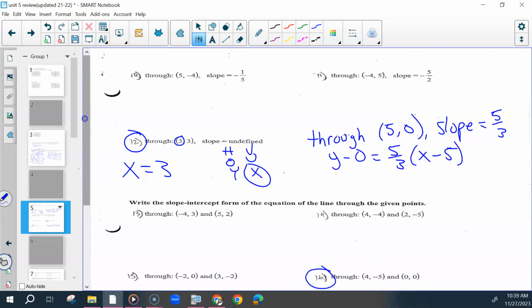Because I wanted to show you that sometimes you'll get fraction y-intercepts as we did before. So I changed our point. So here we would distribute and get negative 25 thirds. So sometimes this is the case, that you get fractions for the y-intercept and the slope. But if it were how I had it before, that would have just been your equation, y equals 5 thirds x plus 5.